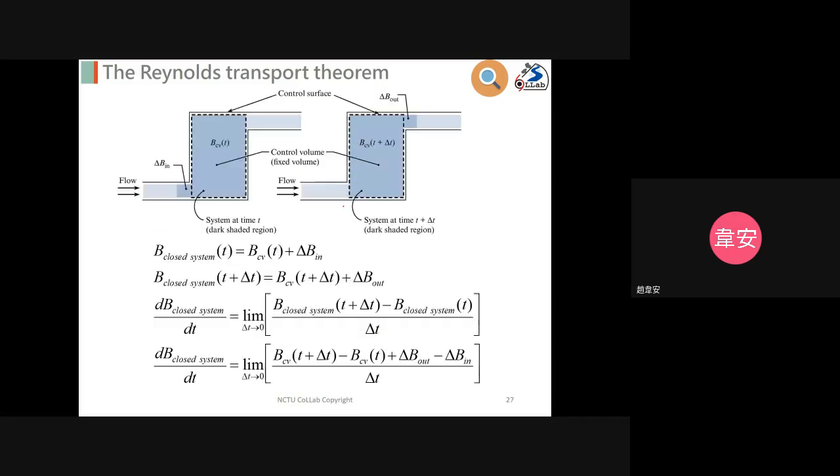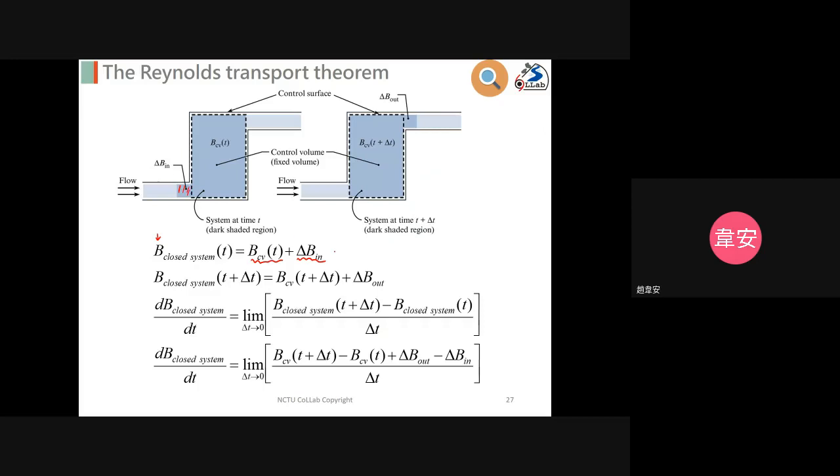Okay, so we write down some equations. For the closed system, the extensive property at time T is B CV, the extensive property inside the control volume, plus the B in here.